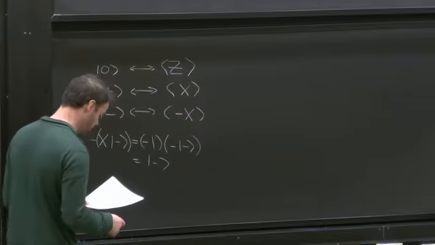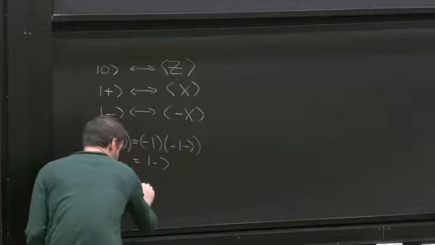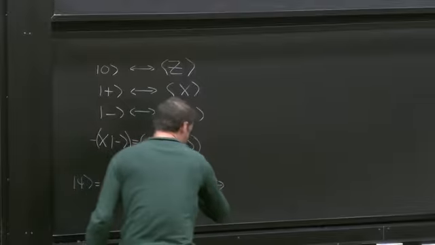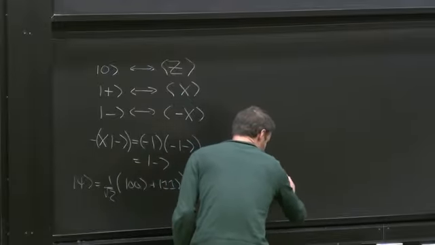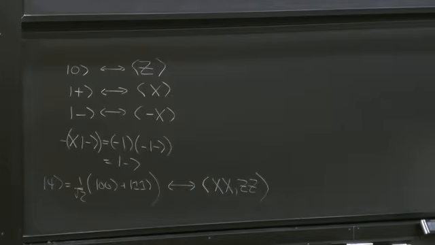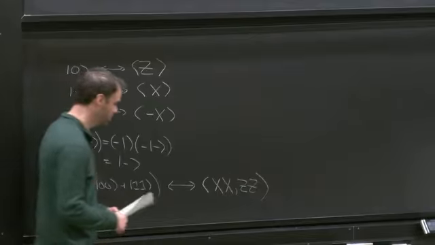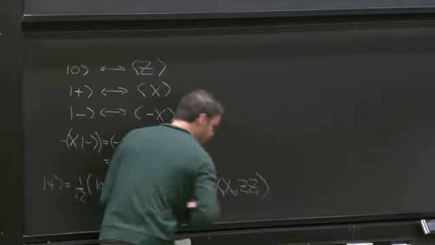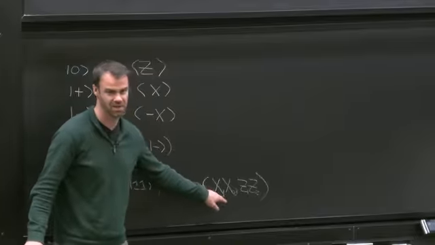Maybe a more interesting example is if I have the Bell state, right? What's my stabilizer group now? It's this. Why is that? Well, if I hit this thing with XX, right? Okay, so I should say when you're doing stabilizers, you usually drop the tensor factors and drop the labels on the X's.